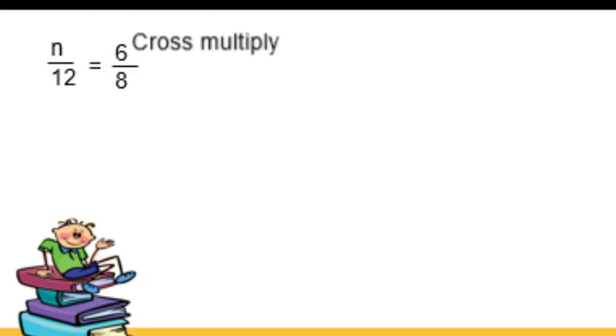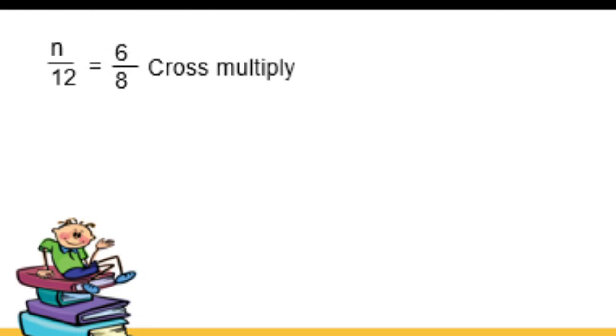Next sample, you have n over 12 is equal to 6 over 8. If you'll notice, we always put the unknown variable on the left side of the equation. So, n times 8 is equal to 8n once we cross multiply that.